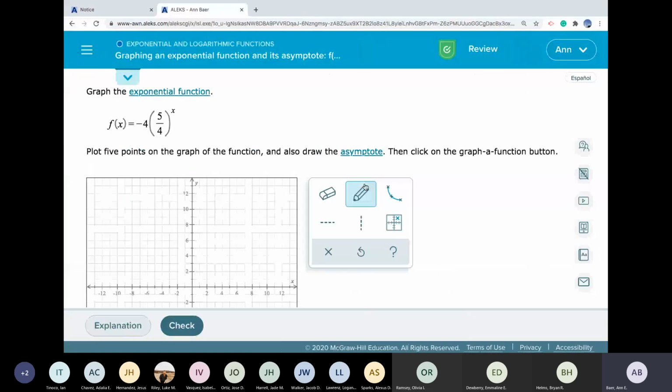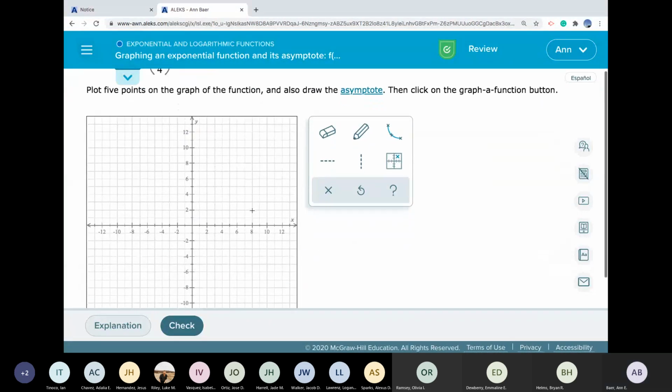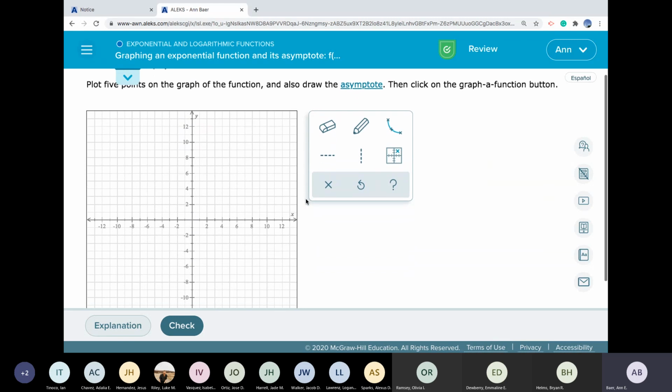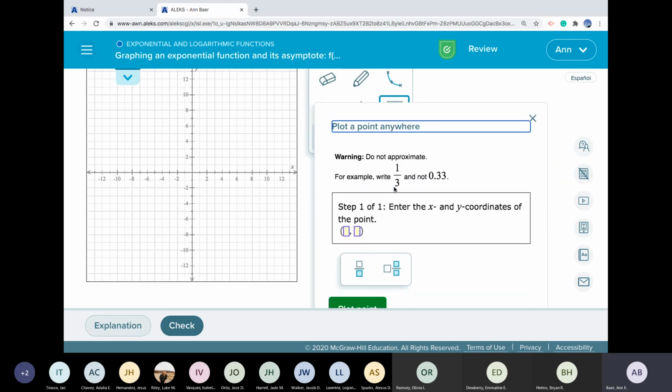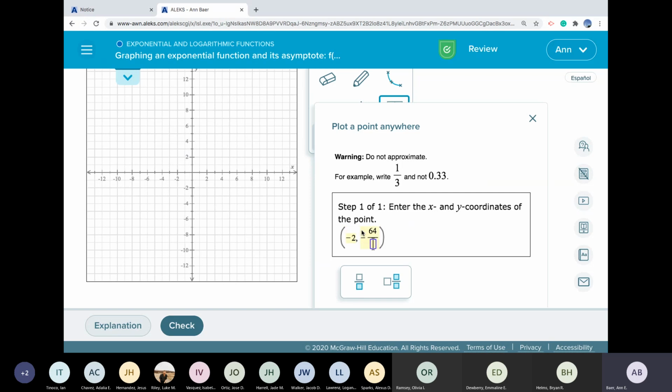Let's go back into ALEKS and see what we've got here. So we want to use this plotting tool, very helpful. First one we're going to plot is negative 2, negative 64 divided by 25.